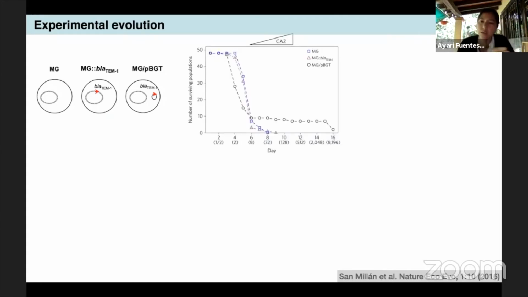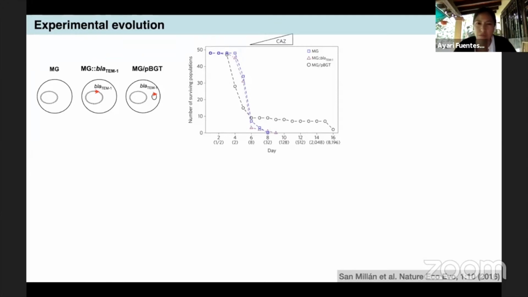They did the same 16-day experiment, applying a ramp of ceftazidime, which we are going to call CAZ. This was really interesting because the first two populations, the MG and the MG blaTEM1, the one with the gene in the chromosome, start collapsing on the 6th day when the MIC is around 8.